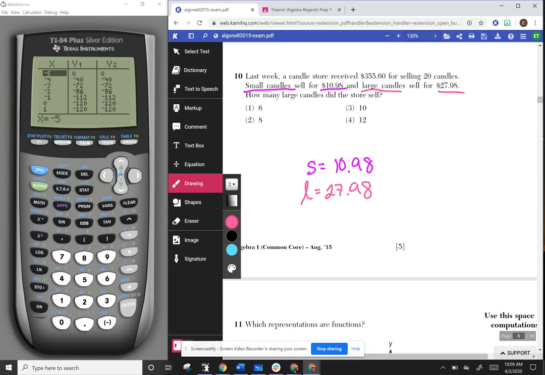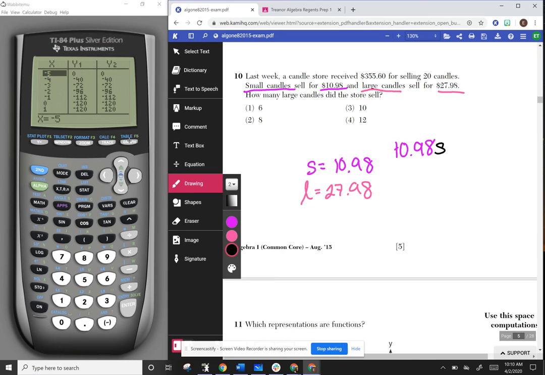Okay, so we know that the small candles represents 10.98. We could say S, right?